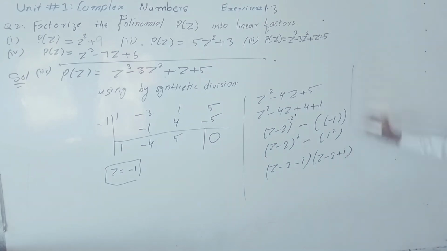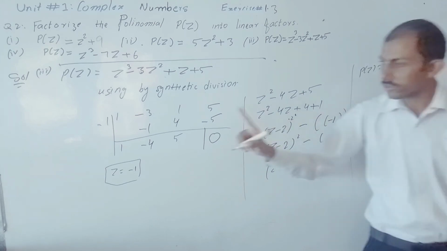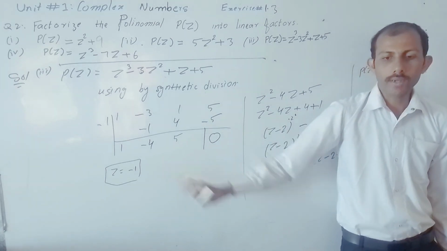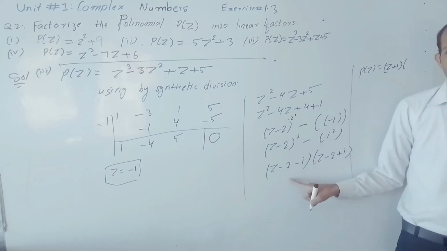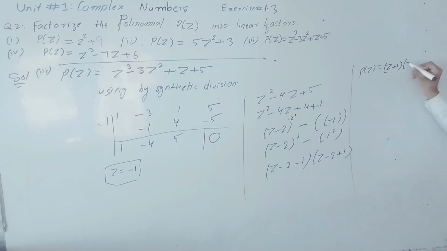Hence the required polynomial p of z is equal to first z plus 1 into z minus 2 minus iota. Next z minus 2 plus iota, which is the required solution.